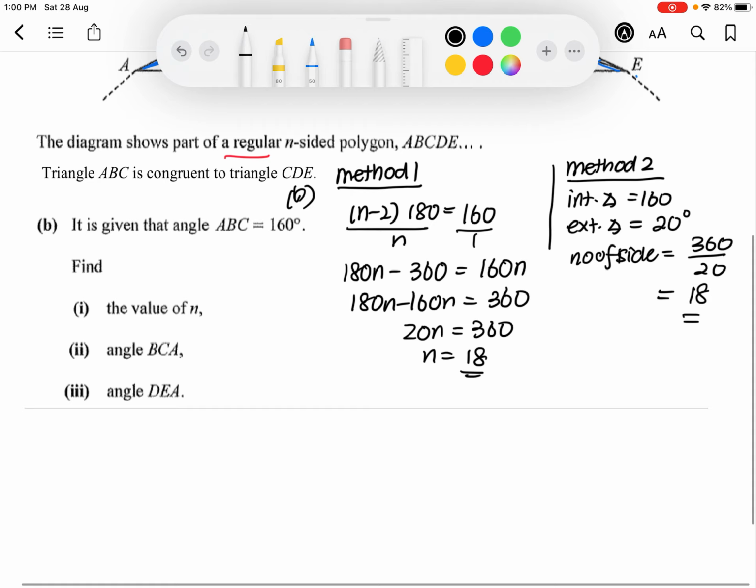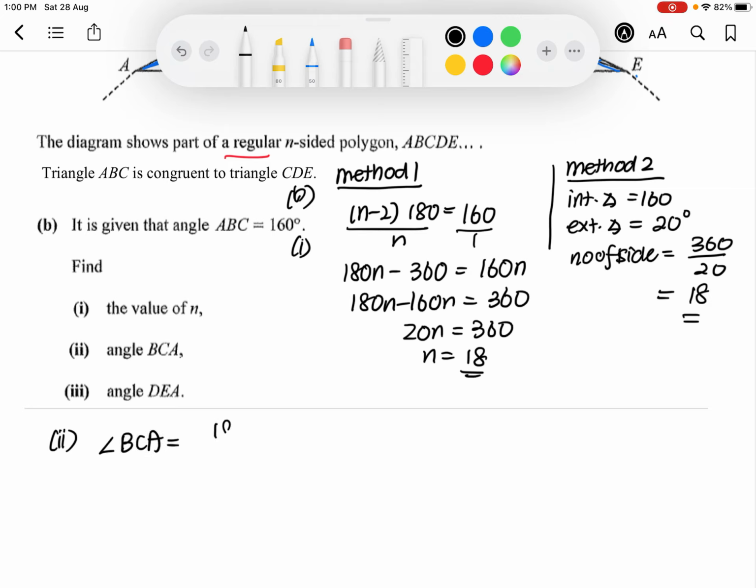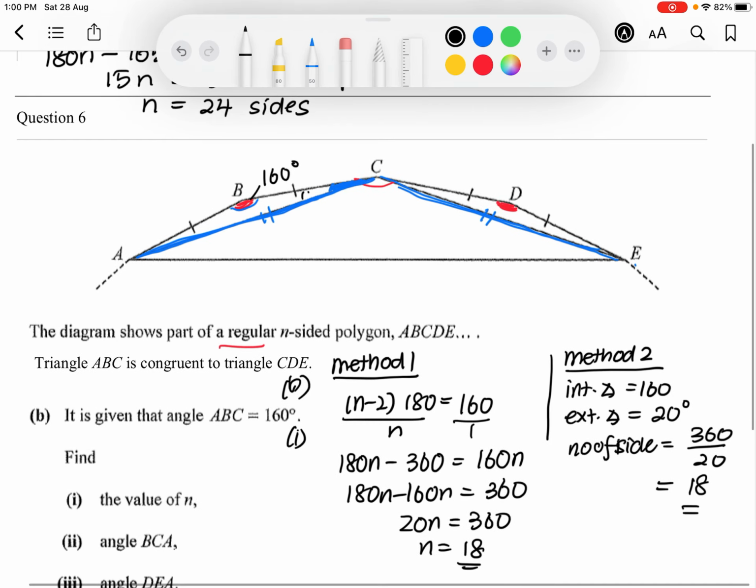For part 2, the angle BCA will be (180 minus 160) divided by 2, base angles of an isosceles triangle, and that will give me 10 degrees. Knowing that this is 10 degrees, we know this is also 10 degrees, because it's congruent on both sides. This is also 10, this is also 10.